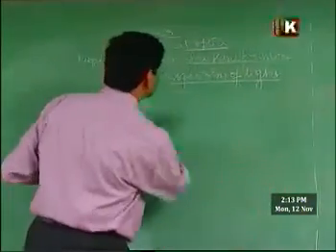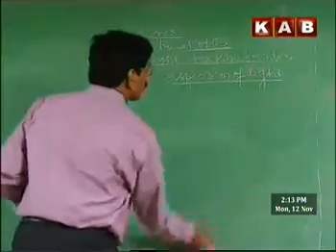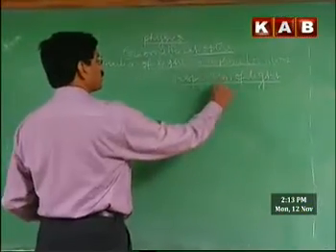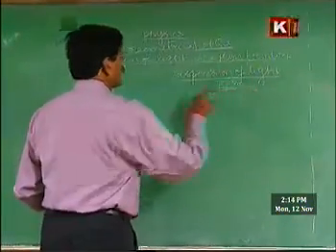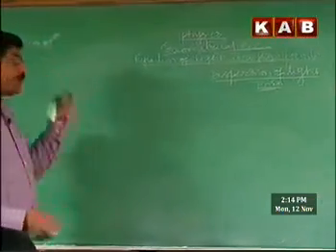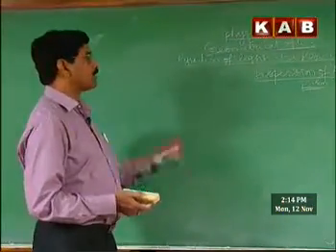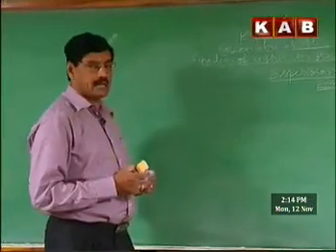Now we are going to consider dispersion of light passing through a prism. A normal, usual prism we use is an equilateral prism, or a prism of refracting angle alpha.